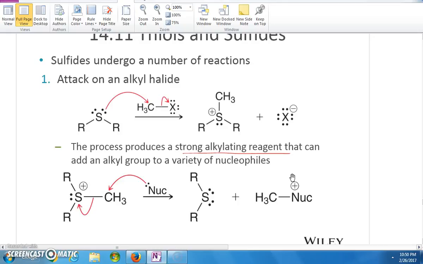The alkyl halide can react with the sulfide, and you get the sulfonium cation, which can now react with a nucleophile. So you have the transfer of the alkyl group from the alkyl halide to the nucleophile. You see, that's basically what happens.